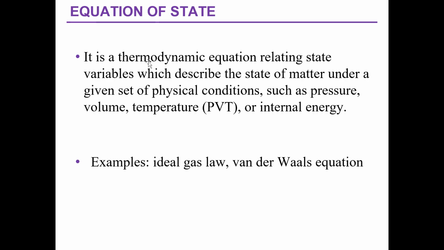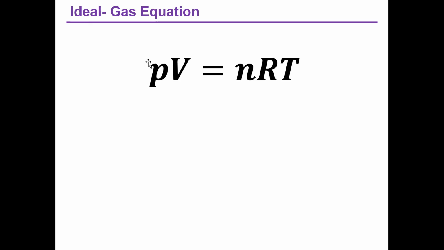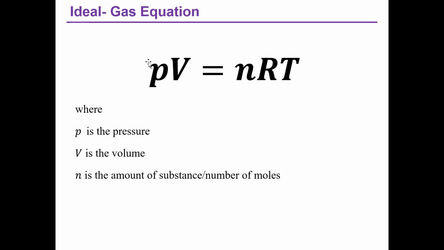Examples of equation of state that we will discuss is we have this ideal gas equation and the van der Waals equation. So for ideal gas is simply equal to this equation, PV equals nRT, where P is the pressure in terms of pascals or ATM or atmospheric pressure, V is the volume, N is the amount of substance, or we also call this one as number of moles, R is the gas constant which is equal to 8.314 joule per mole Kelvin, and T is the temperature.